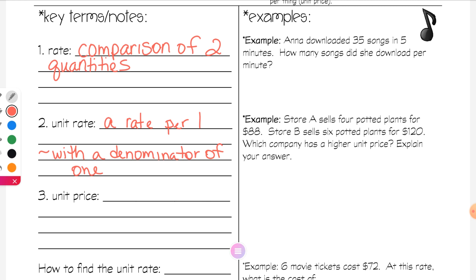Unit price is the unit rate that gives the price for 1 of, I'm going to put the product.